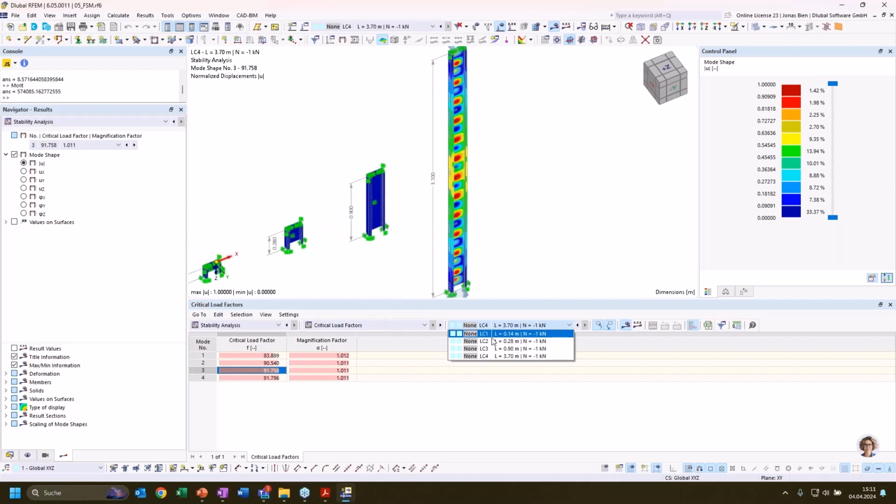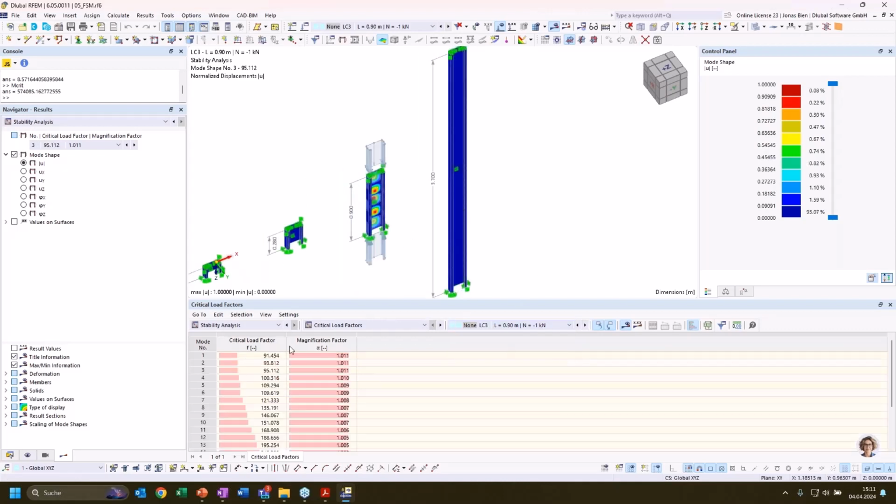Now what happens if we take a shorter column? Now we see that the critical mode shape is governed by local buckling. So in this case, global buckling, like flexural torsional buckling or flexural buckling, wouldn't be the major issue, but stability failure would be more related to local buckling of the web.